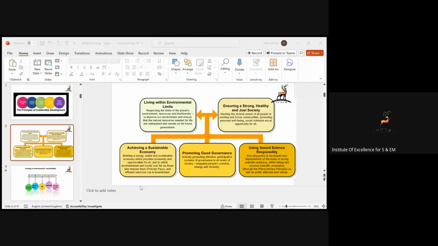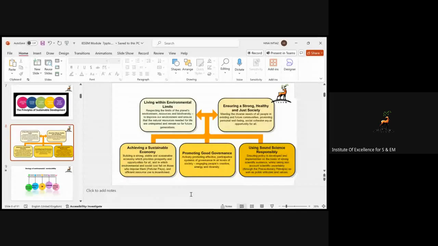Okay, so moving towards the next one, that we have to ensure a strong, healthy environment for the society by meeting the diverse needs of all the people in existing and future communities, promoting personal well-being, and we have to develop social cohesion among all the individuals so that their motive will be the same.